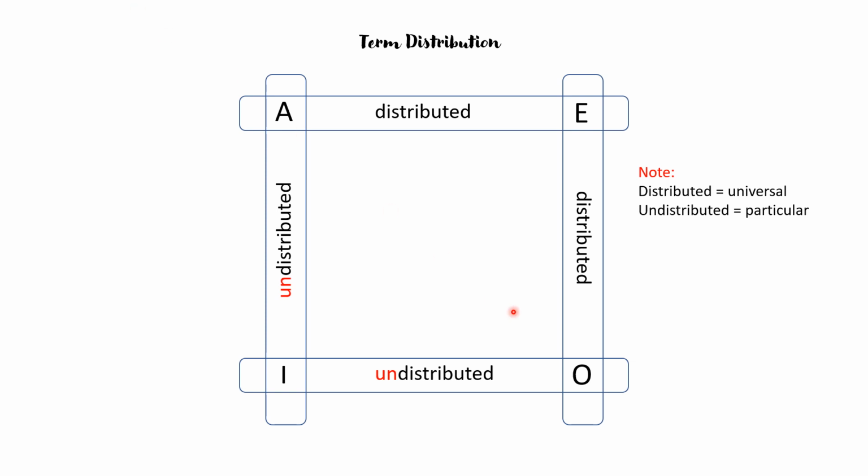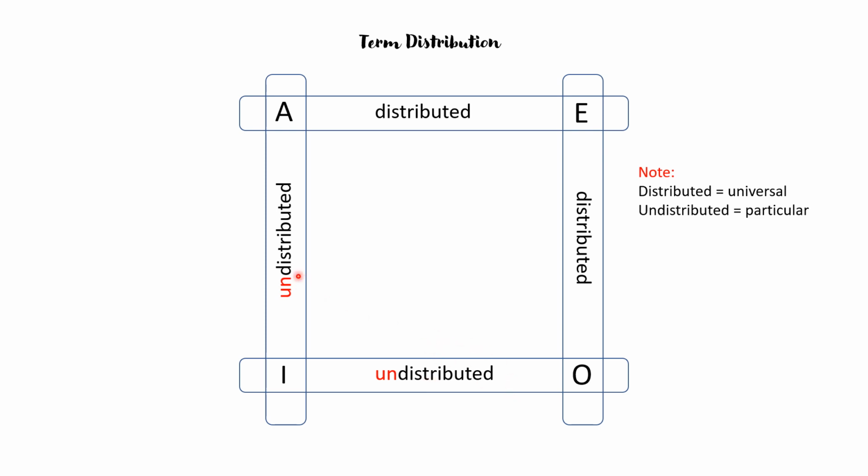Going back to the main point, the horizontal lines talk about the quantity of the subject, so that for your I proposition, you'll get an undistributed or particular subject term.